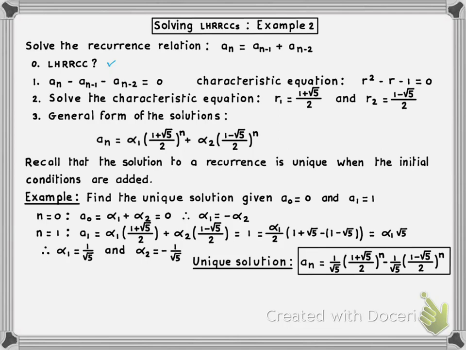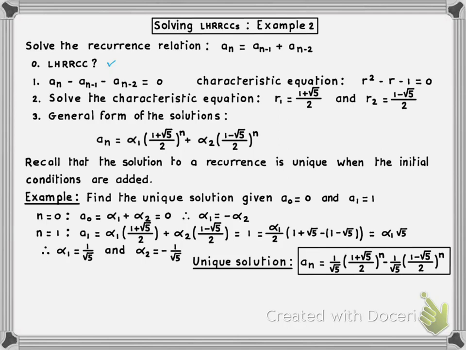So I will let you check that when you plug in the value 0 into this equation, you get 0. And when you plug in the value of 1 for n, you get the value 1. That is, you didn't make a mistake when you solved for alpha 1 and alpha 2.